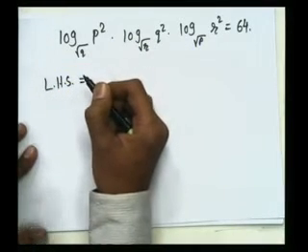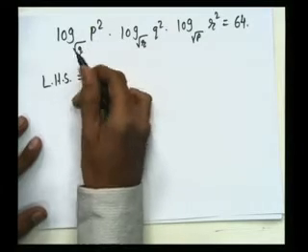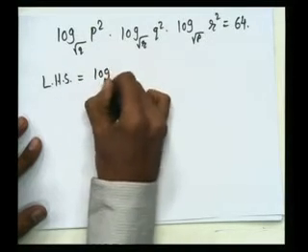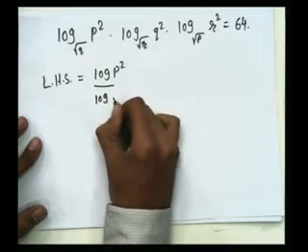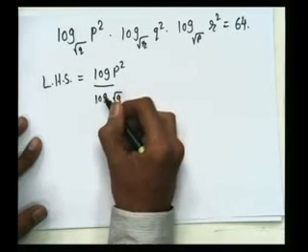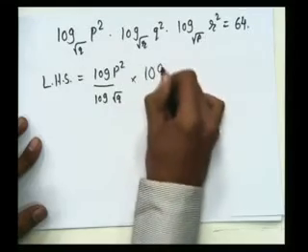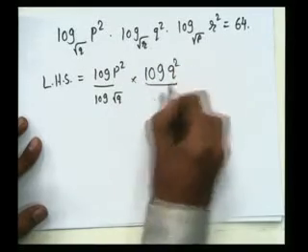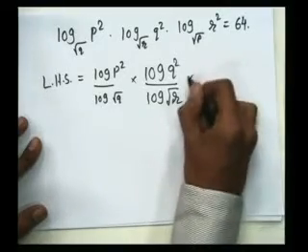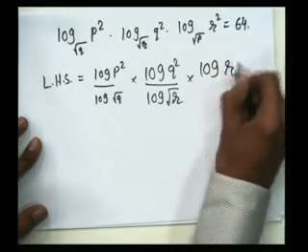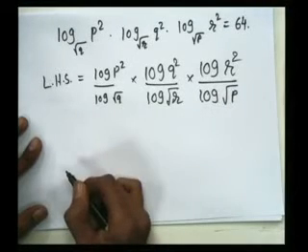To prove this example, we will apply change of base property. So using change of base property, we can write log p square over log root q. Here base we will consider as e, that is natural logarithm, into log q square over log root r into log r square over log root p.